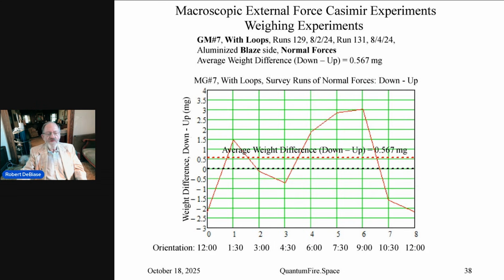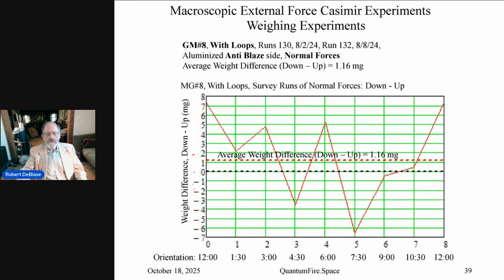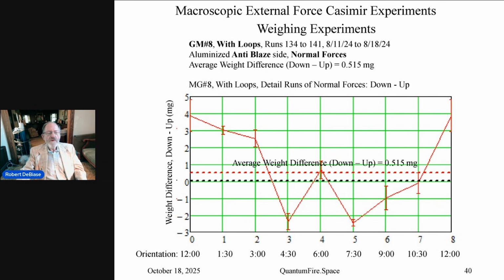GM number 7, weight difference is positive. This is number 8 with loops, and the forces are larger with loops than without loops. And again, the average weight difference is positive.